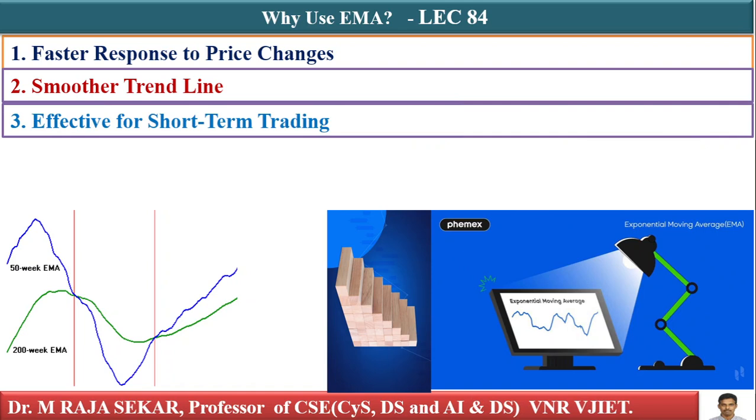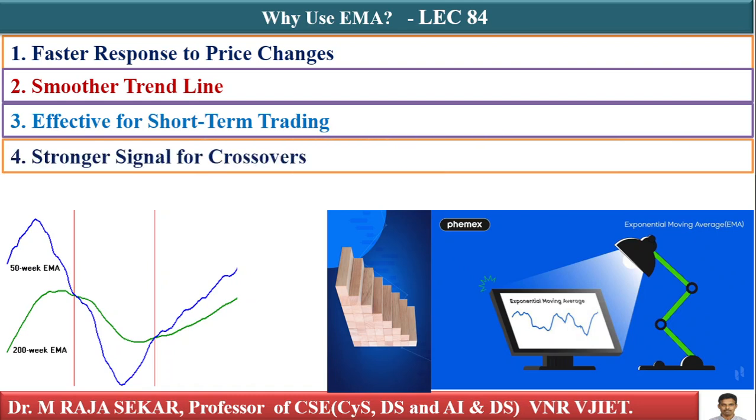Effective for short-term trading. How is it effective for short-term trading? Traders often use EMAs with shorter time frames, that is 10 days EMA, 20 days EMA, to track quick price movements. This is popular in day trading and swing trading strategies. Stronger signal for crossovers.